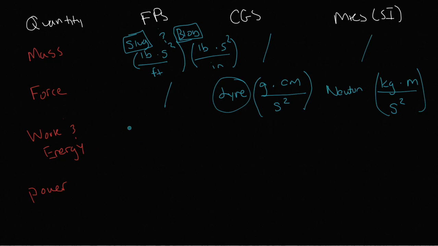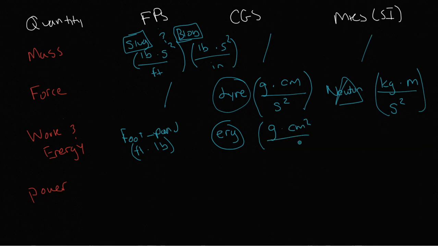For work and energy, in the FPS system, we say foot pound, designated by feet times pound. For the CGS system, we have erg. Erg is grams times centimeters squared all over second squared.